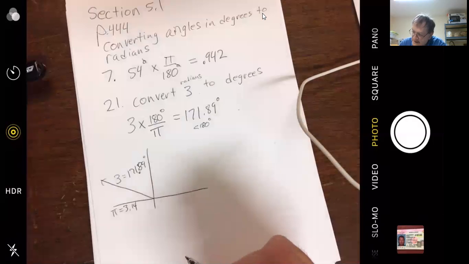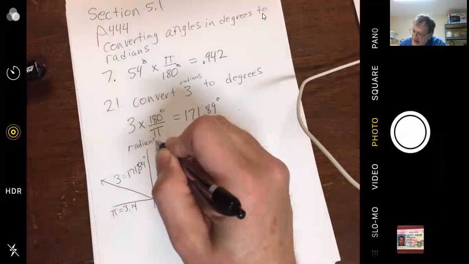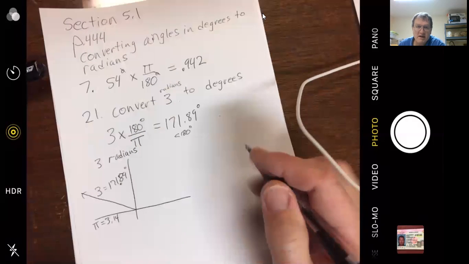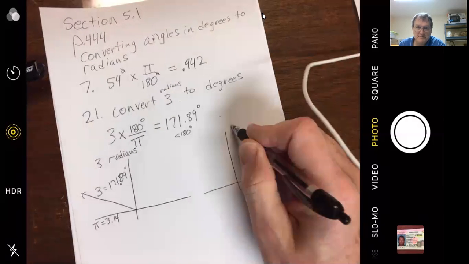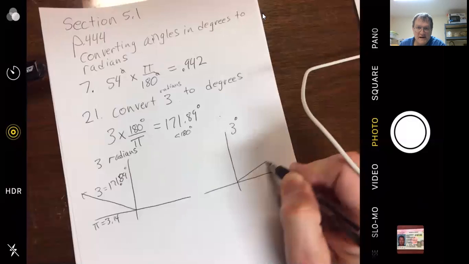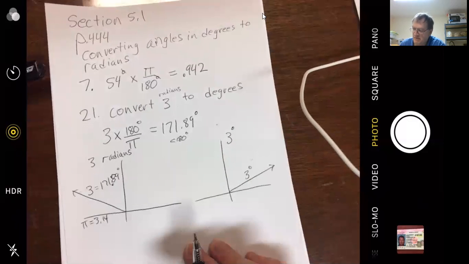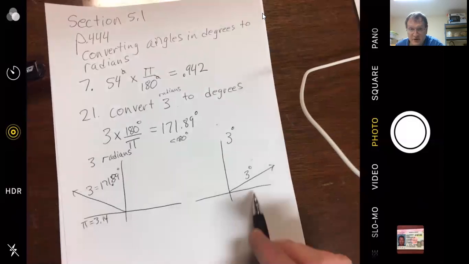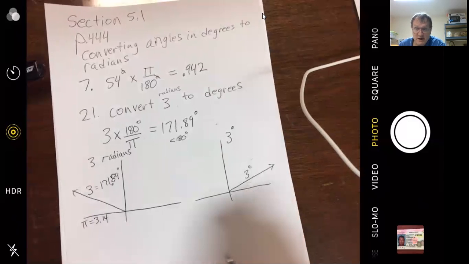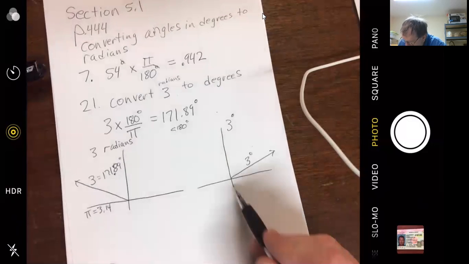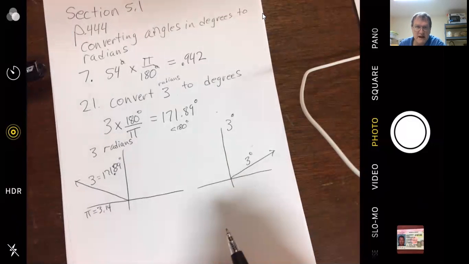3 degrees is here. Just above 0. I've exaggerated a little bit. If you actually measured it, this is probably 15, 20 degrees, but I'm just trying to exaggerate it. You could barely tell 3 degrees above 0 if I did it accurately.